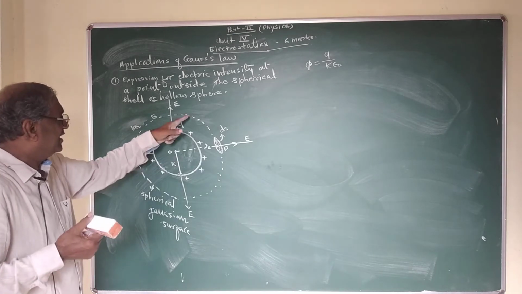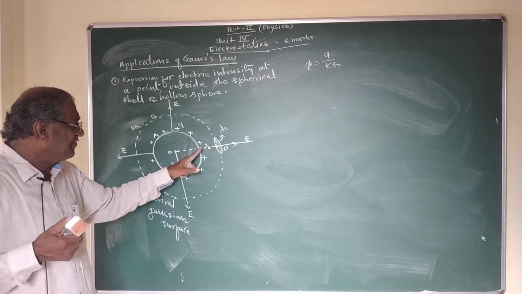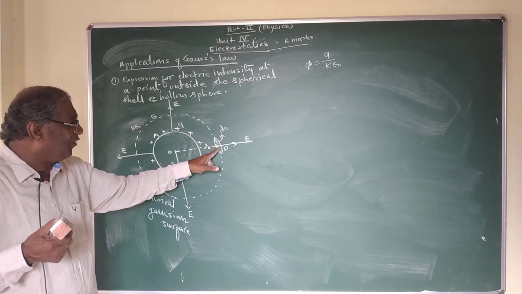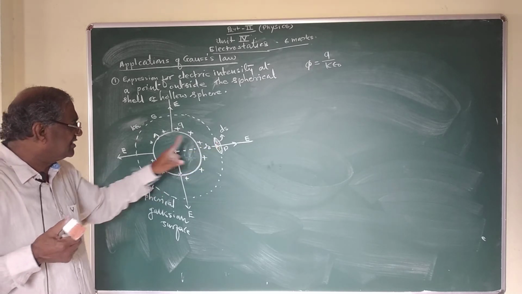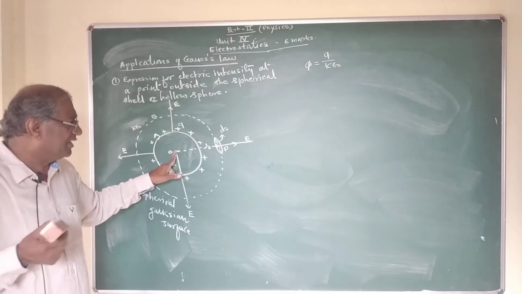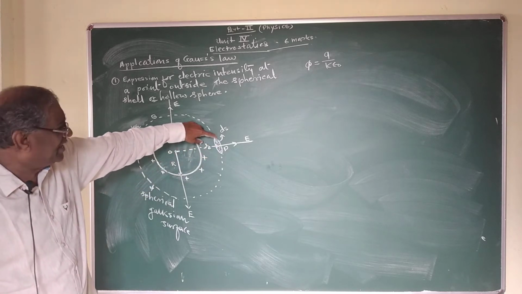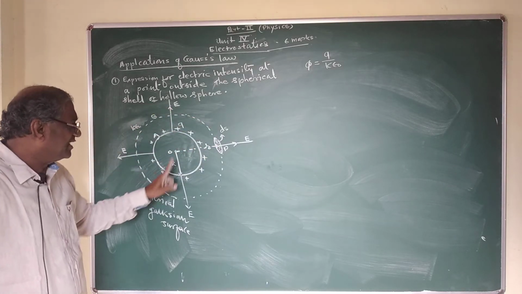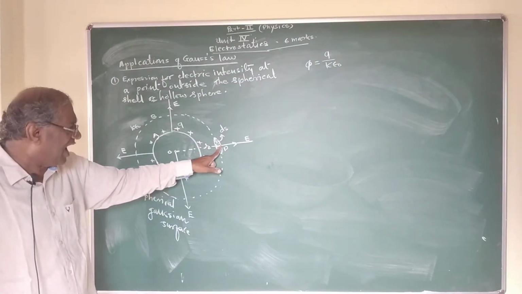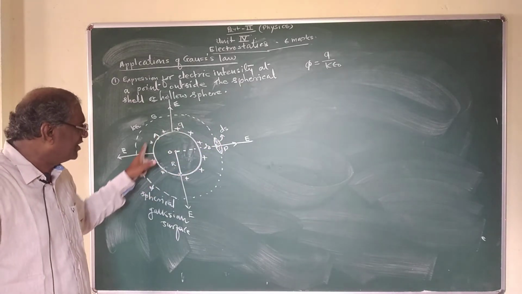Now construct a spherical Gaussian surface having radius small r through point P, which is concentric with the given charged sphere.